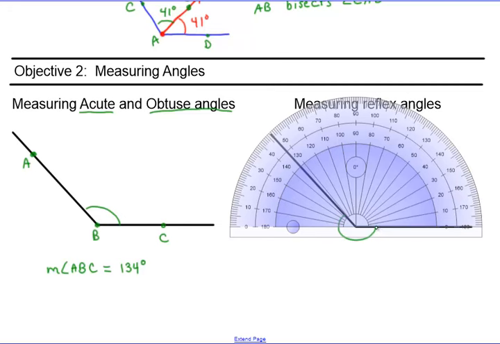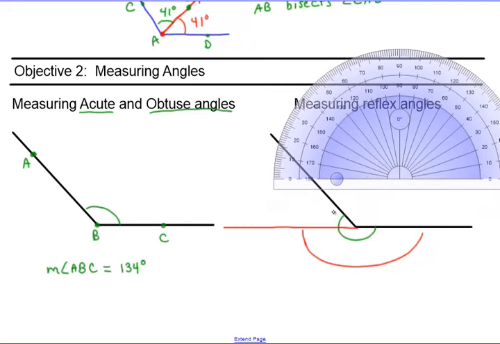You know that if we draw a line here, that this measures from here to there 180 degrees. So basically what you have to do is find this little piece right there.